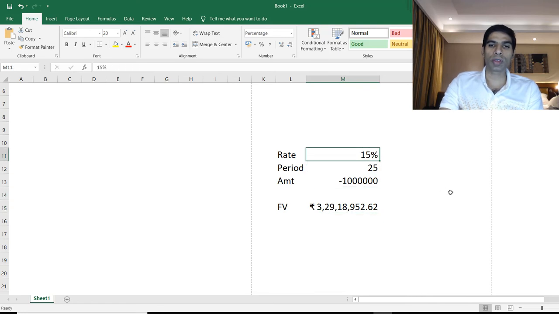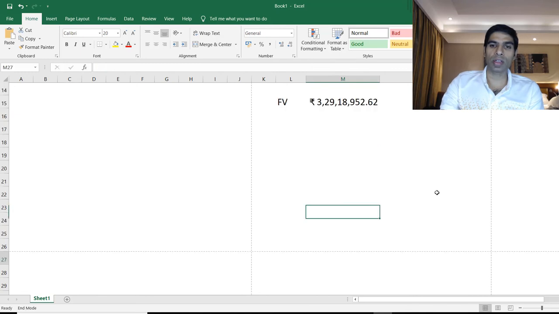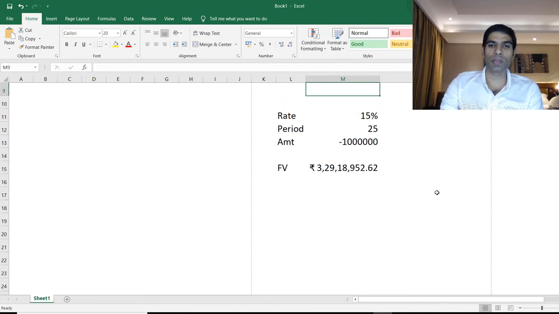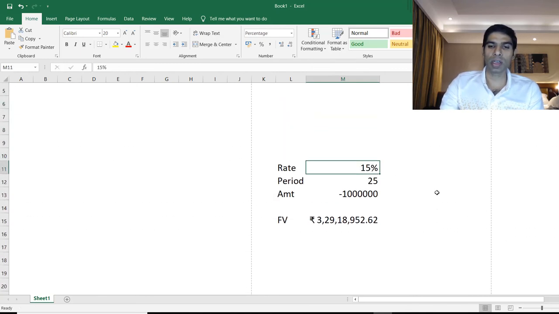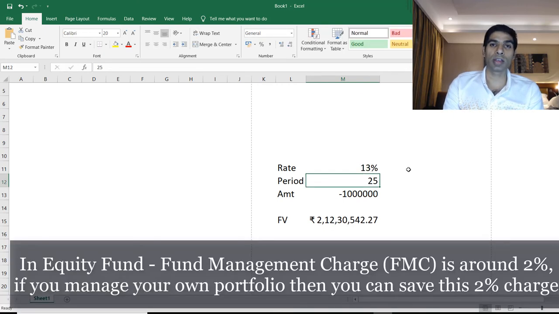Now let's suppose there was an expense of 2% and your return is now 13%. It's not 15% because of the expense. The return is only 13%. So 3 crore 29 lakh becomes 2 crore 12 lakhs. So there is a gap of over 1 crore rupees, right?